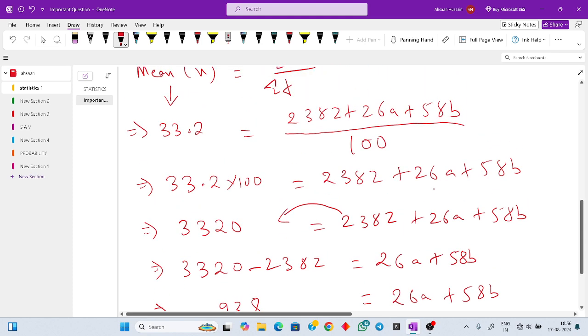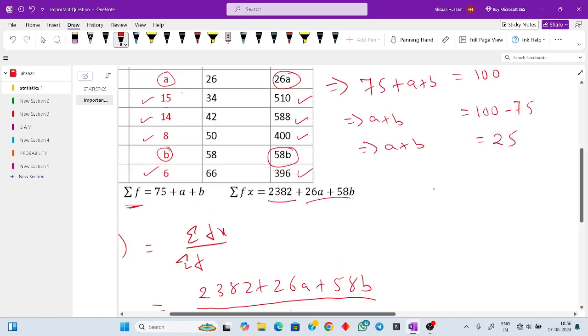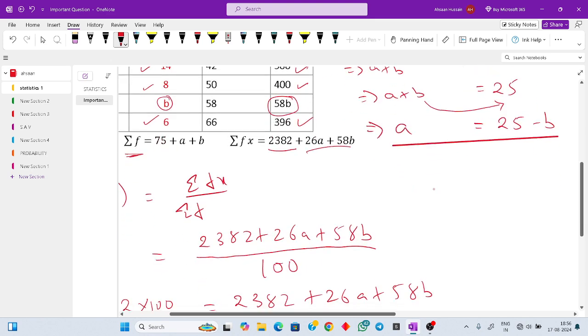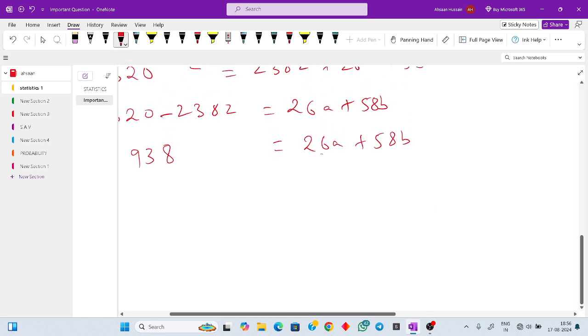Okay. Now see, a plus b is 25. So what is the value of a? a equals to 25 minus b. This b will go to the other side. Okay. And we'll use this value of a here. Here we'll put the value of a as 25 minus b.